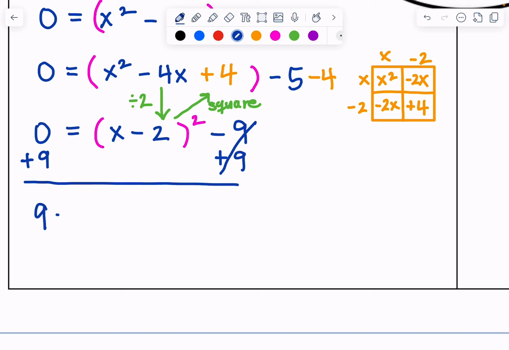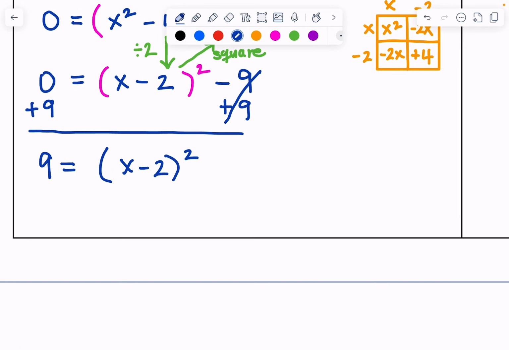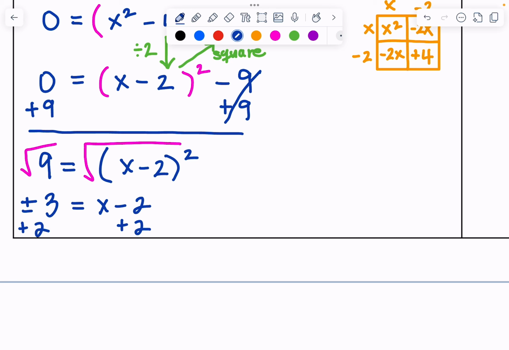And I get 9 equals parentheses x minus 2 squared. The next step I'm going to do is I'm going to square root both sides. And when I do that, I have to consider both positive and -3 when I square root 9. I need to add 2 to get x totally by itself. I ran out of space, but I'll go over here.